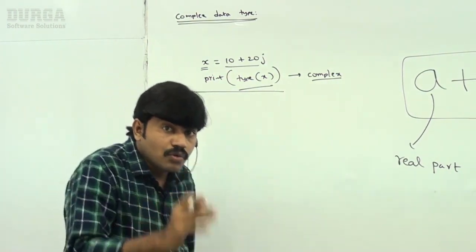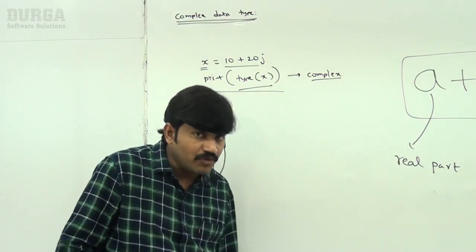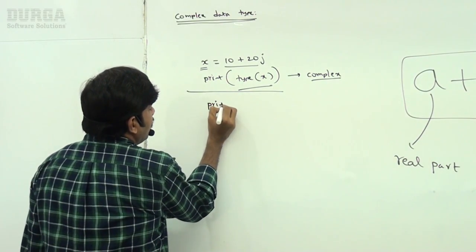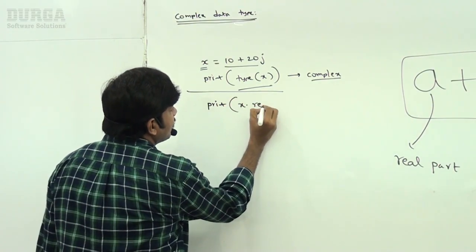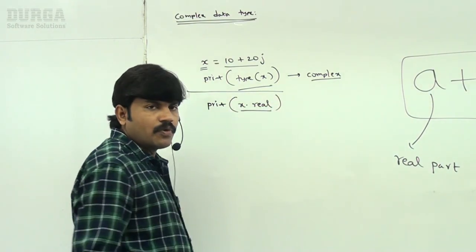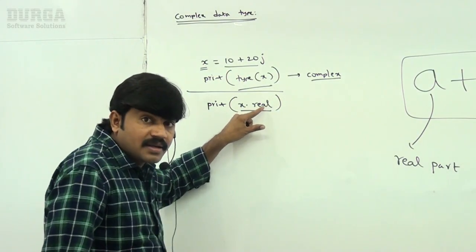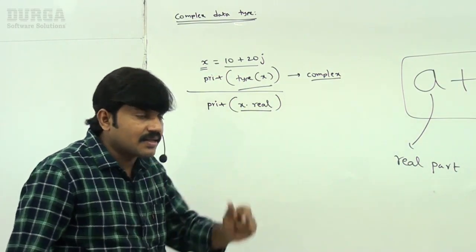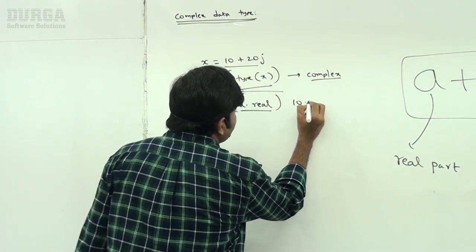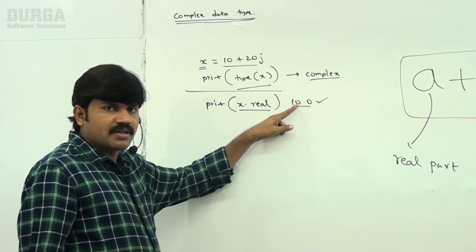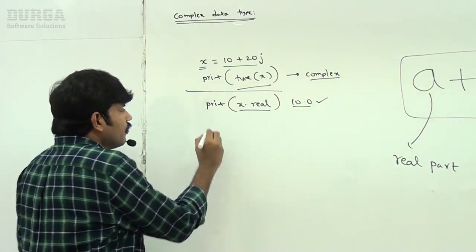I want to know what is the real part. Very simple: print of x dot real. If you want to know the real part of a complex number, then x dot real. Now you are going to get 10.0. Remember, it always provides the result in the form of a floating point value, 10.0.